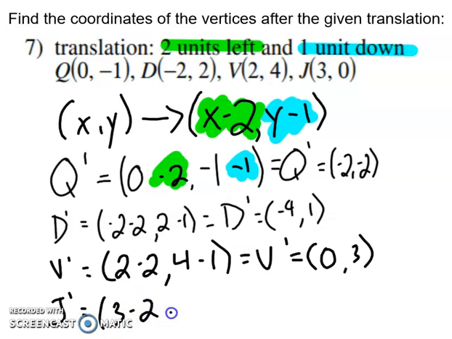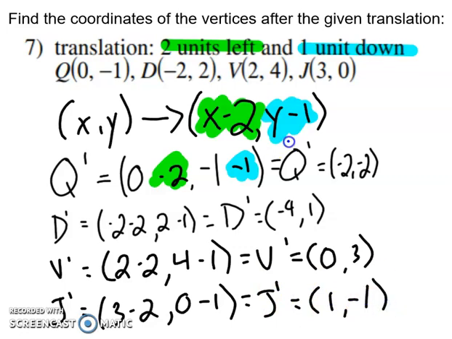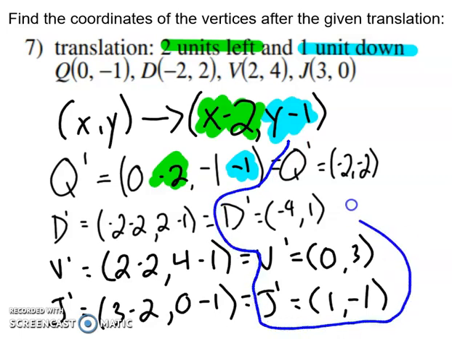I'm moving it to the left, so I'm subtracting 2. The y value was 0, I'm subtracting 1 from it. So J prime is going to be equal to 1, comma, negative 1. And that is how we find the new coordinate points after a given translation. Nice job.